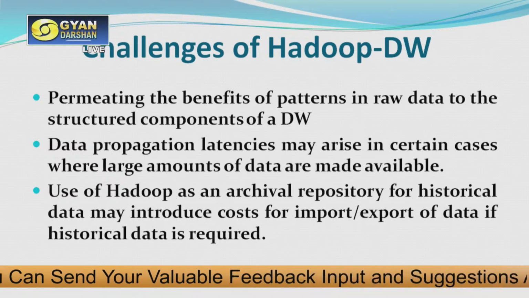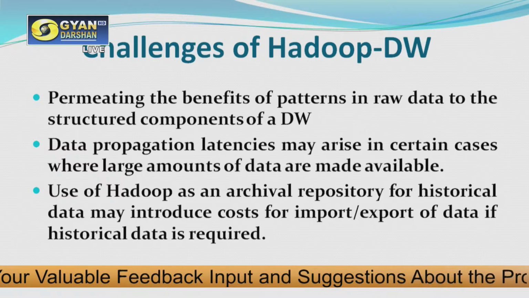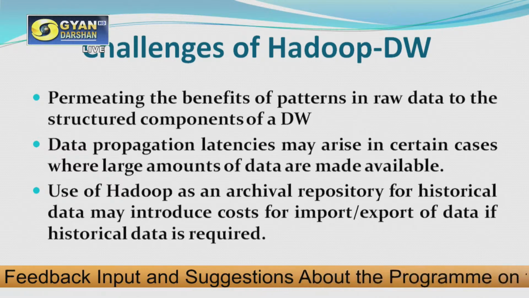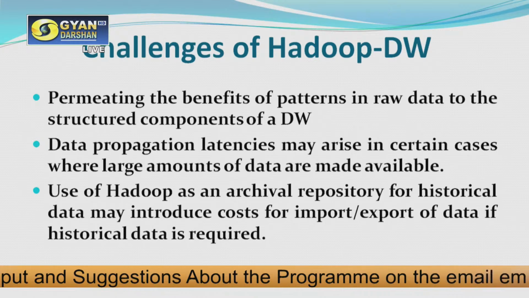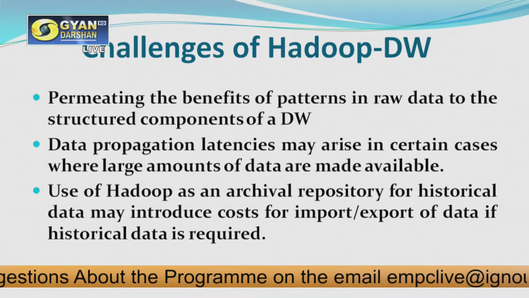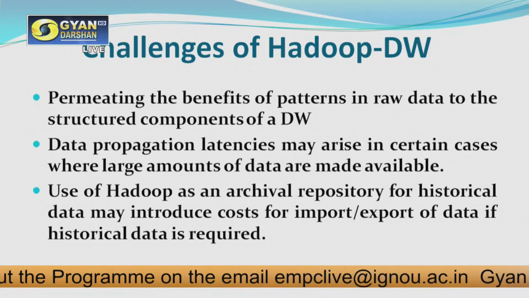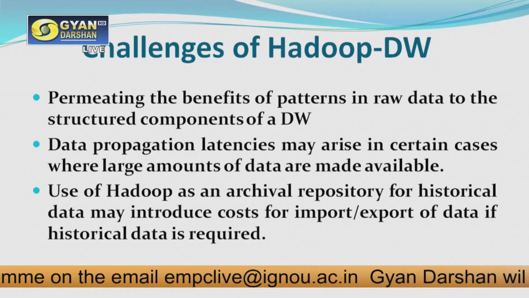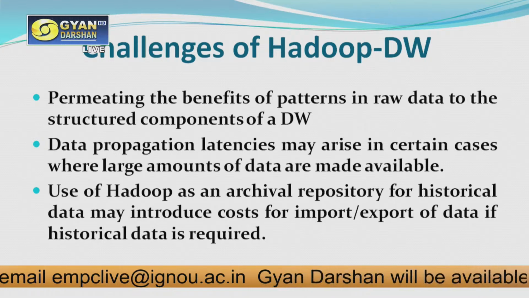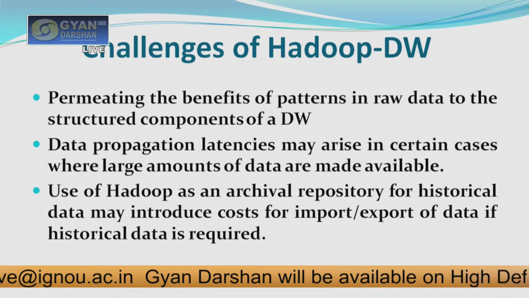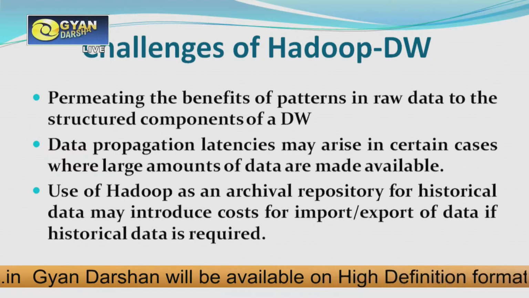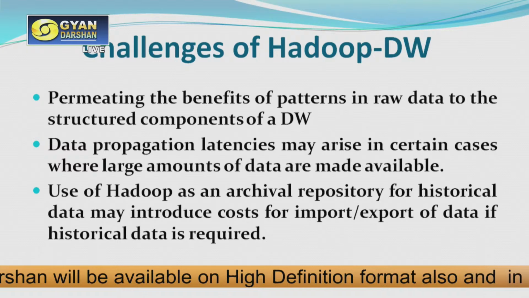The second one is that data propagation latencies may arise in certain cases where large amounts of data are made available. As this architecture is meant to cater to big data or high volume data, there will be some sort of latencies occurring.